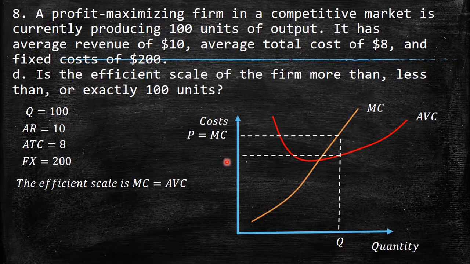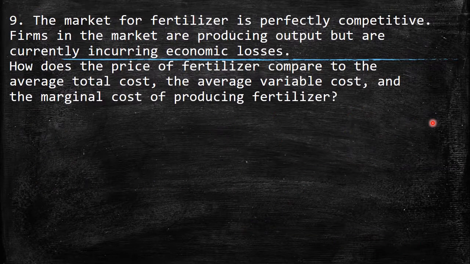So what we're trying to find is, if you multiply the average total cost, 8, times the quantity, 100, you will have the total cost. And the total revenue is going to be 100 times 10, which is 1000. So this difference, this rectangle here, is going to be the benefit. And the efficient scale is going to be this specific point where the marginal cost equals the average total cost. Okay, then this is the efficient scale.